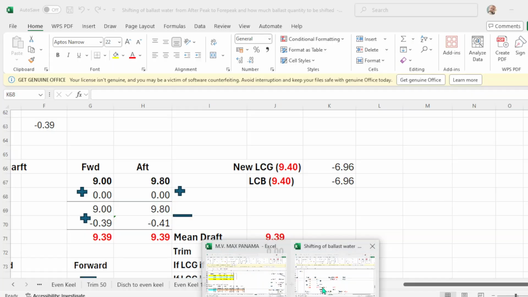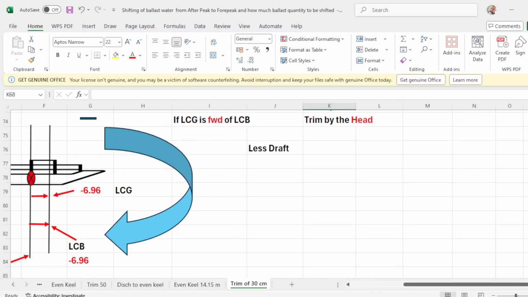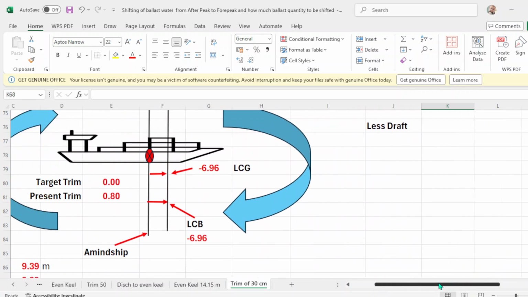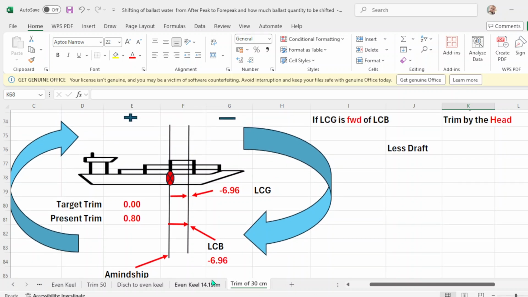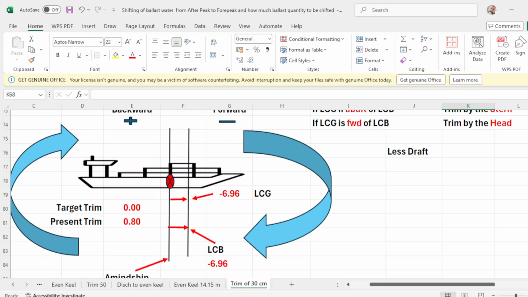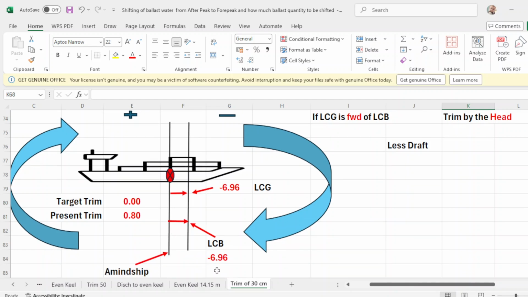In the drawing here on the diagram, since your LCB is negative 6.96, which means it is forward of midship, you draw a line from midship about 6.96, which is this line.